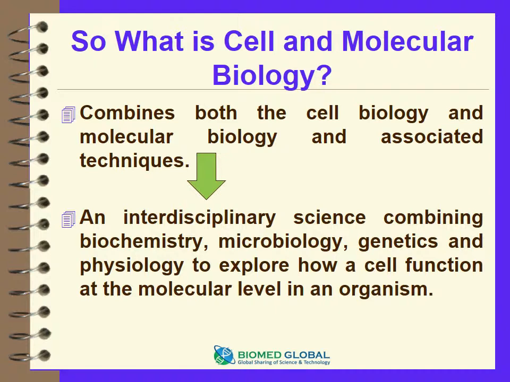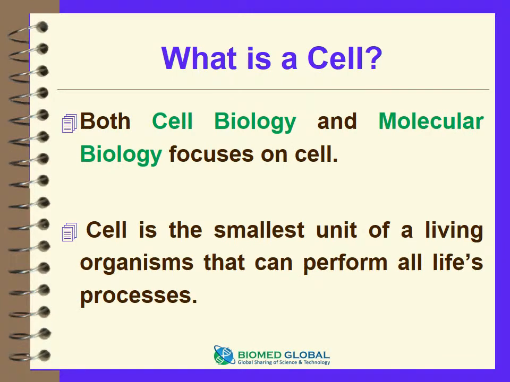It becomes an interdisciplinary science, and it widens its horizons. It incorporates biochemistry, microbiology, genetics, and physiology to explore how a cell functions at the molecular level in an organism.